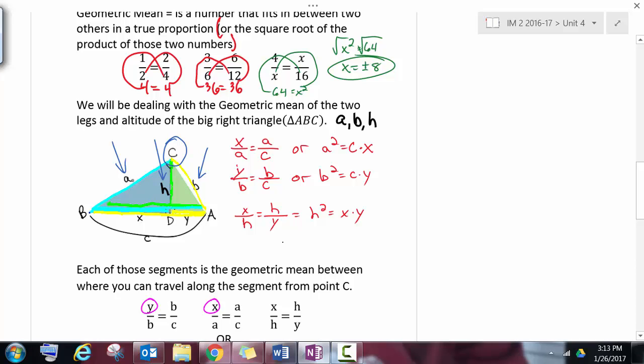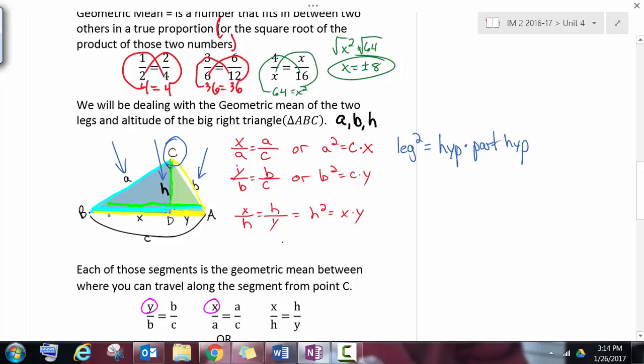A is a geometric mean in between those two distances, in between x and the whole thing, which is c. So A is between x and c. Or a leg squared equals a hypotenuse times the part of the hypotenuse.